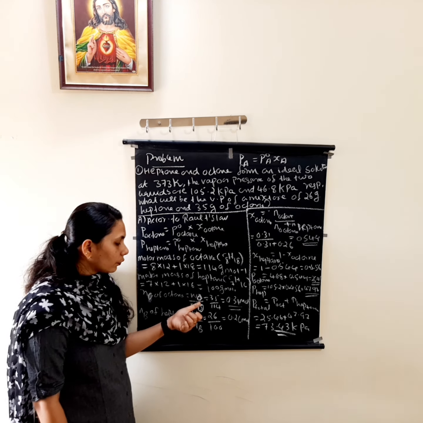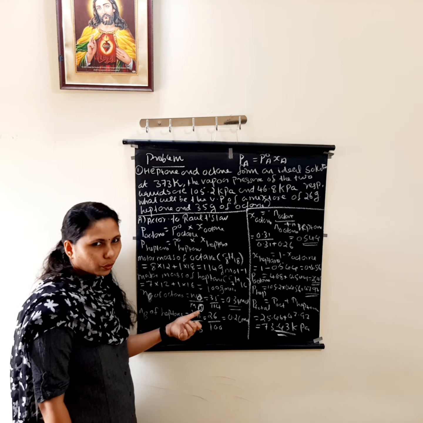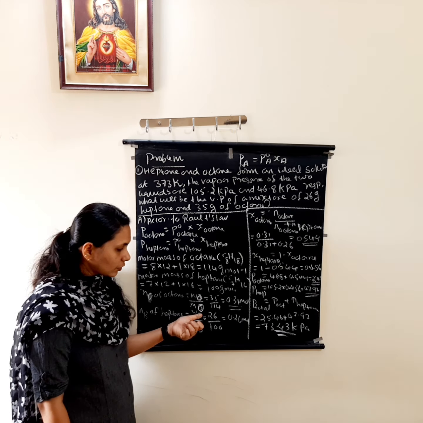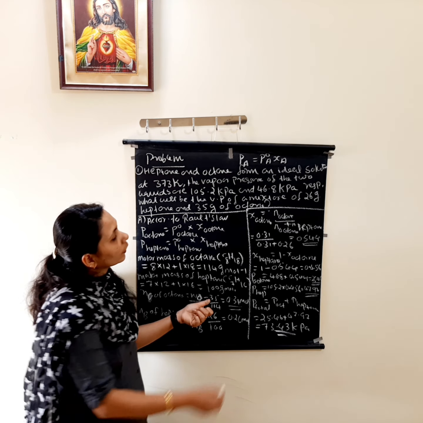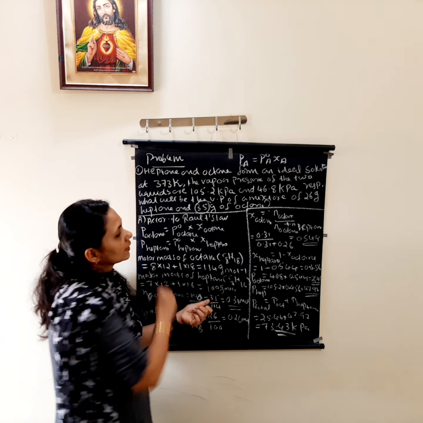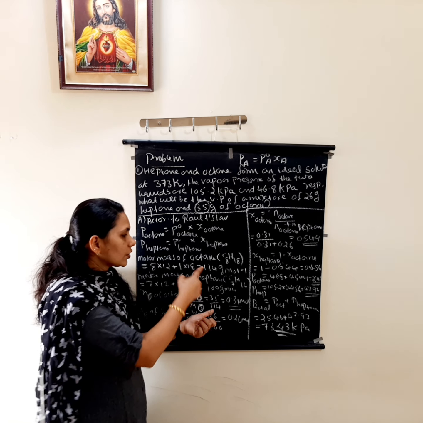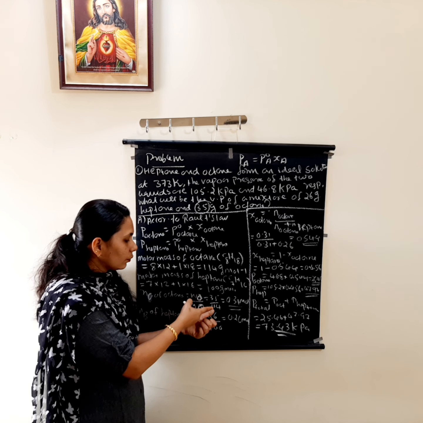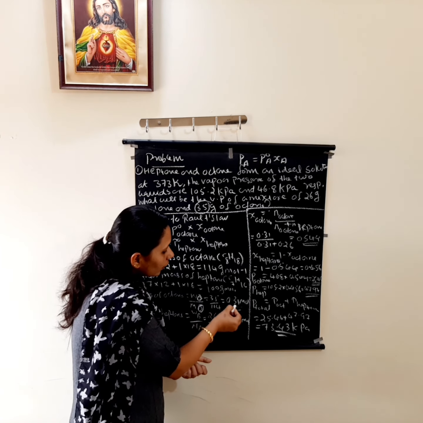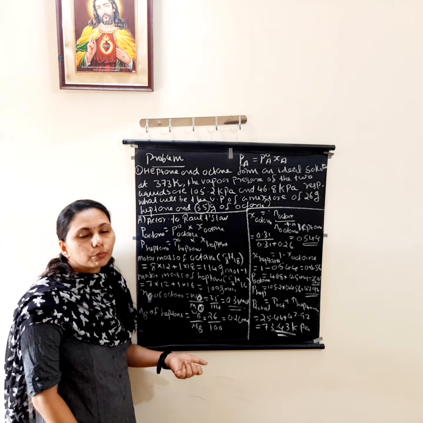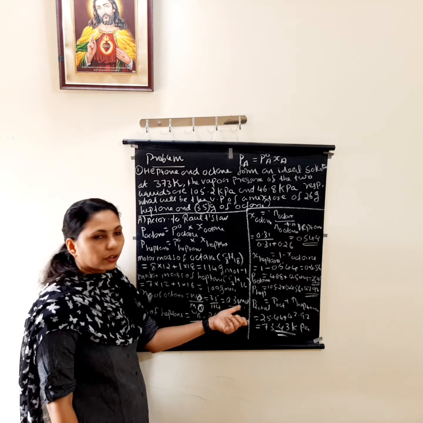The mass of octane is given in the problem, 35 gram, divided by the molecular mass we just calculated, 114. So we got 0.31 moles of octane.